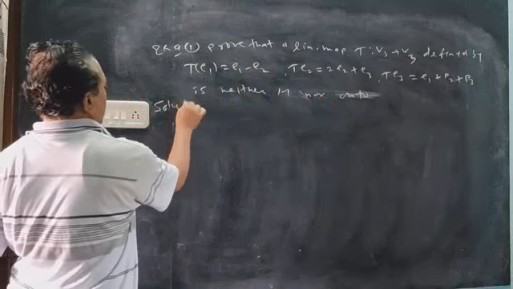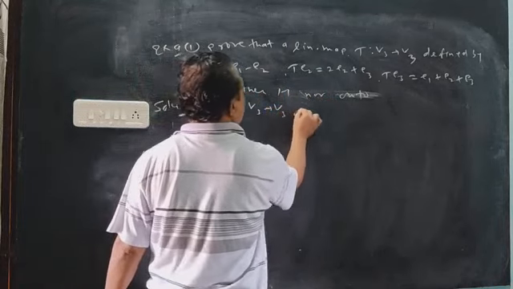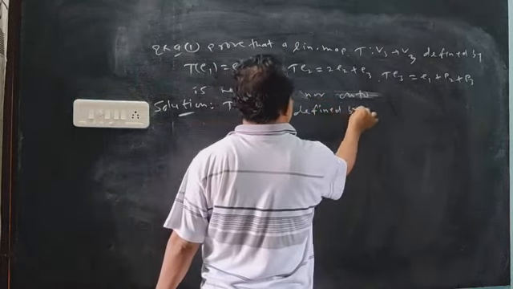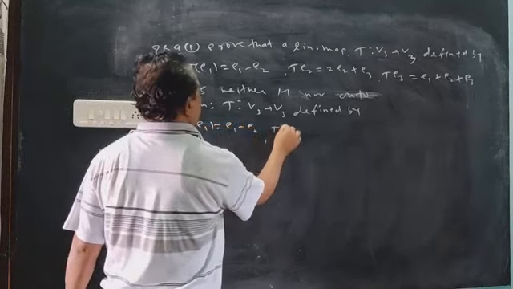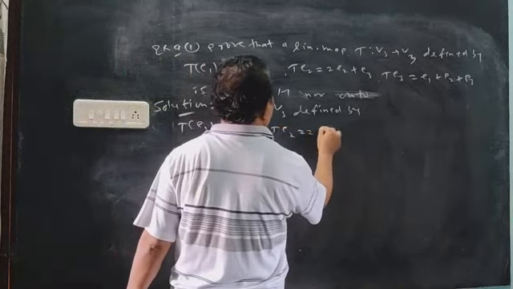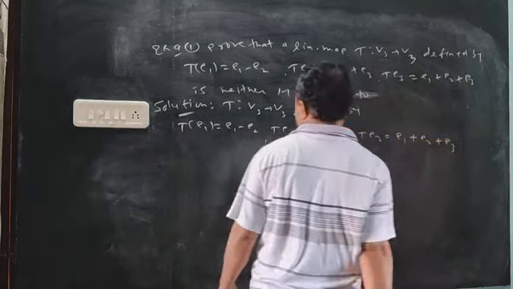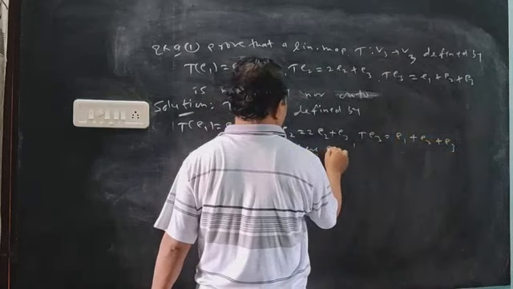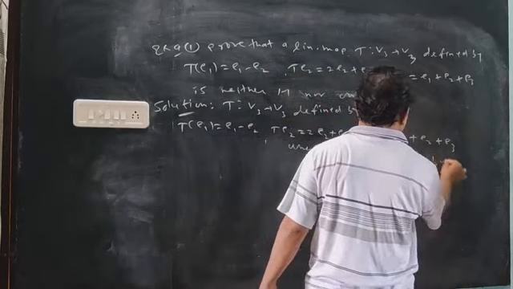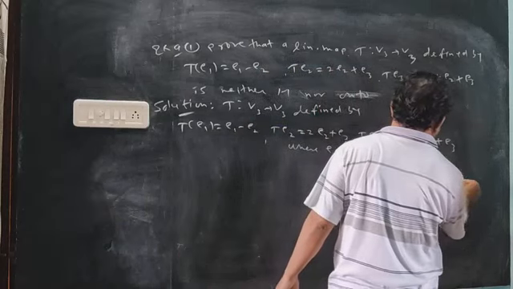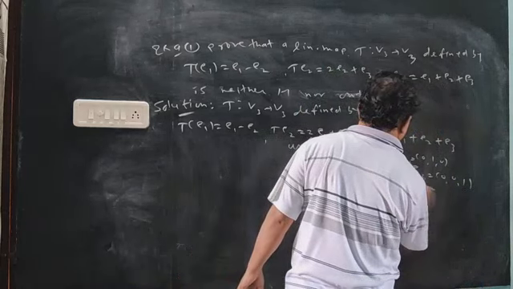Solution. T is a mapping from V3 to V3 defined by T of e1 is e1 minus e2, T of e2 is 2e2 plus e3, T of e3 is e1 plus e2 plus e3, where e1 means 1,0,0, e2 means 0,1,0, e3 means 0,0,1 are the standard basis of V3.